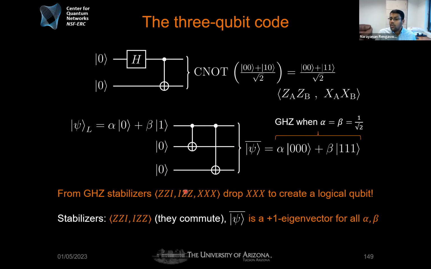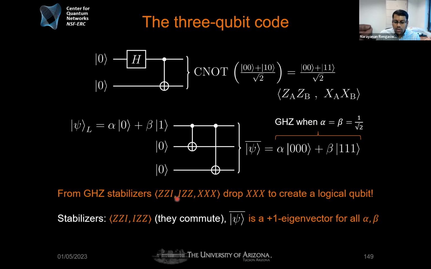Now, how does this become a code? So what I've done here is two of the inputs are fixed to a 0 state, right? There is no information there. It's just fixed to 0. Whereas this first qubit, I left as being arbitrary. So it can be any linear combination of 0 and 1. And what you get at the output is this GHZ state.